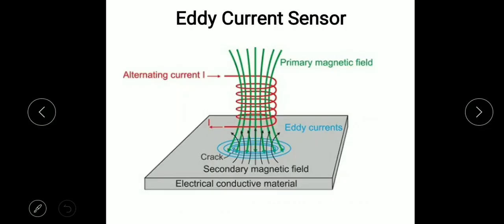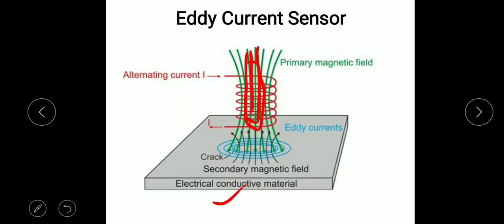You can see that an electrically conductive material is placed, and the most important thing is that an eddy current sensor is a non-contact type displacement sensor. Here an alternating current is passed through a coil, and due to the alternating current it produces a primary magnetic field.